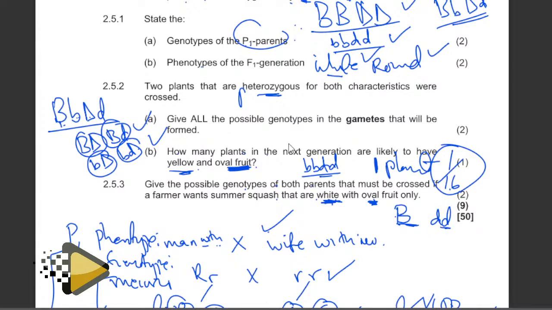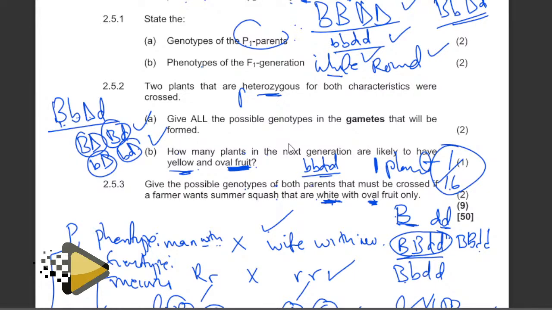So the genotypes of the parents must be capital B, small d for the first person, and capital B, small d for the second person. Or the first one can be like this, and the second one can be capital B, small b, capital D, because this B will be somewhere. So if you wrote this, they will give you a mark.